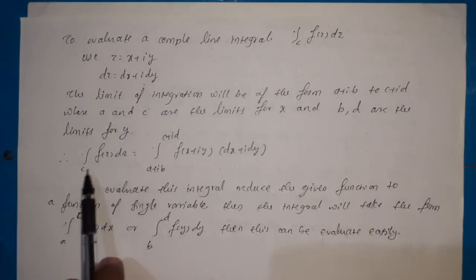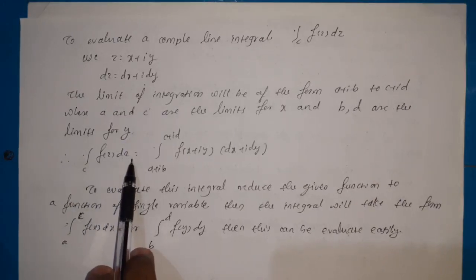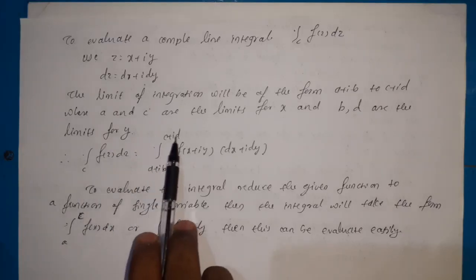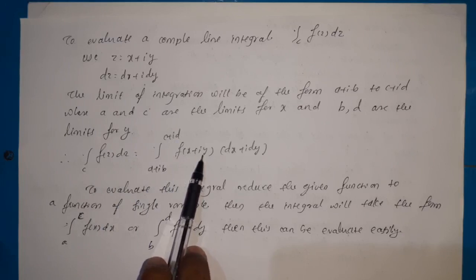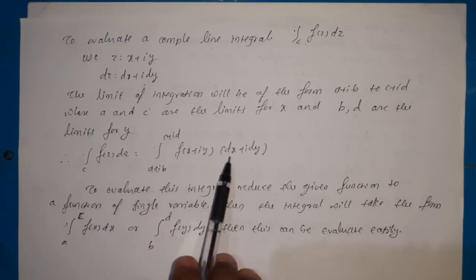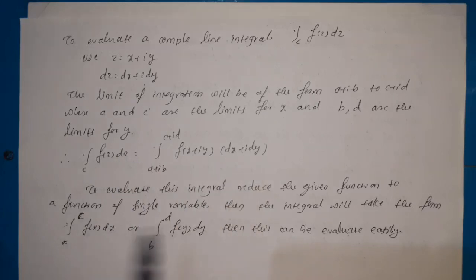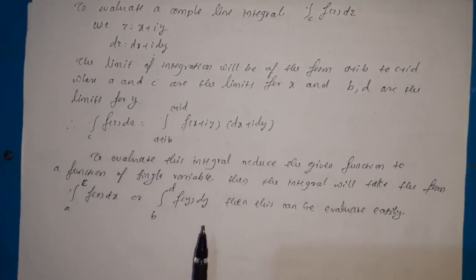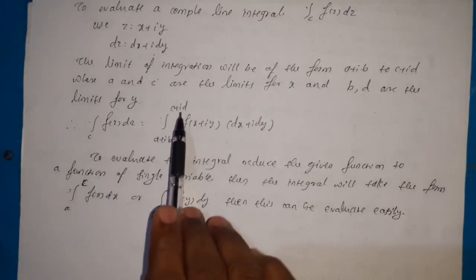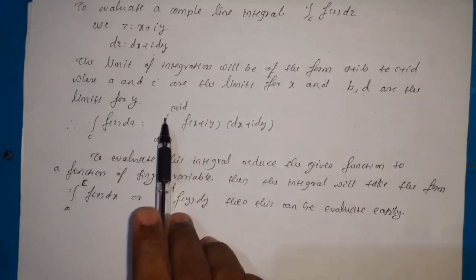Therefore integration over C f of z dz can be written as integration from a plus ib to c plus id of f of x plus iy, because z equal to x plus iy and dz equal to dx plus i dy.